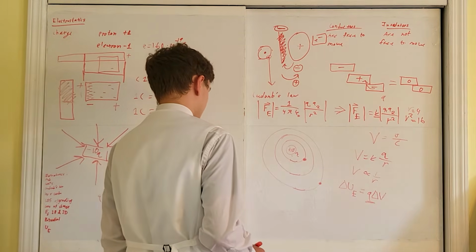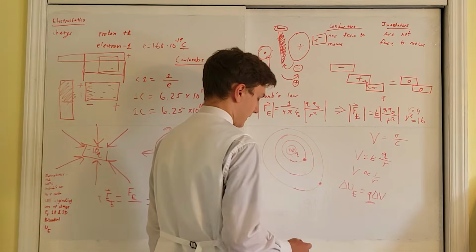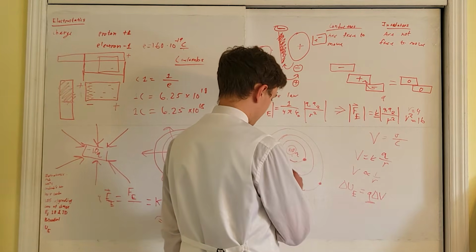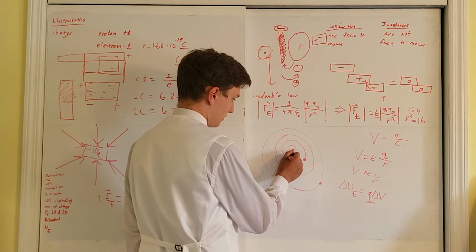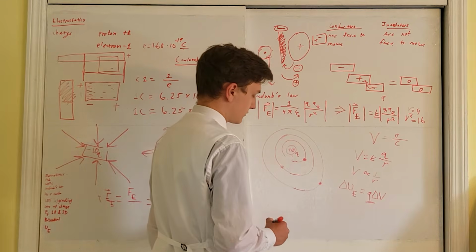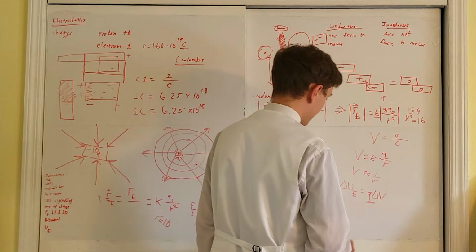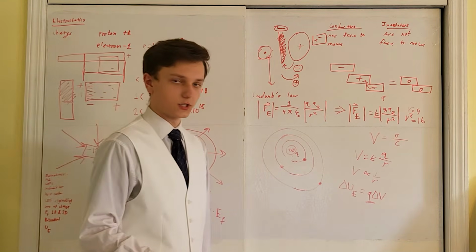Now, understand that these equations can also work for the opposite charge. If I have a negative charge that is placed right here, the negative charge will want to move towards the positive center. So that negative charge, since it has a negative Q, will result in a negative potential energy.